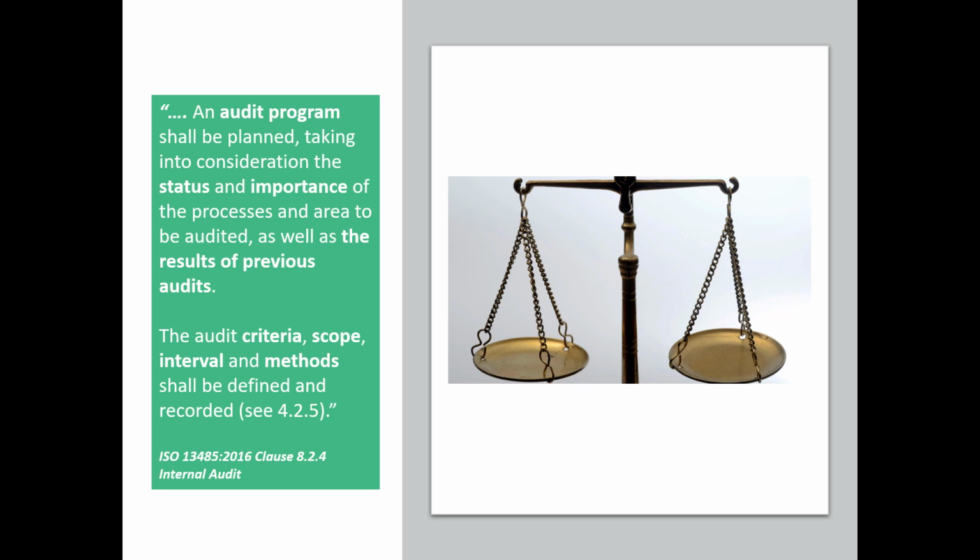So again, you should document somewhere in a quality record what your audit criteria are for each area, what the scope of the audit is, what the intervals of the audits are, and how you conduct your audits in your organization. What is the methodology? You should, for example, use trained auditors, and you would describe this within your internal audit procedure.